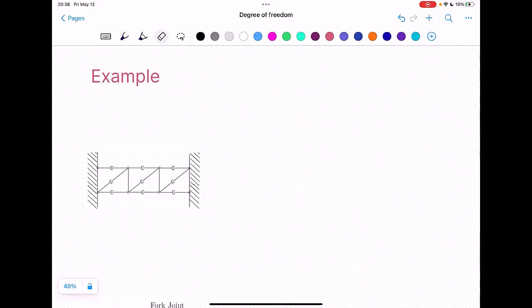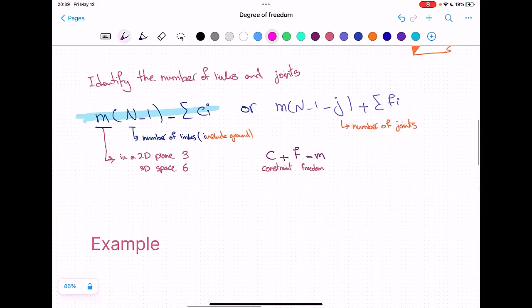Okay, to enhance our understanding, let's work through some examples. In the first example, we have a mechanism where both sides are connected to the ground. And as I mentioned before, I prefer using the first equation.